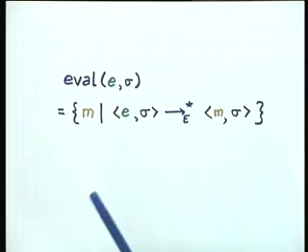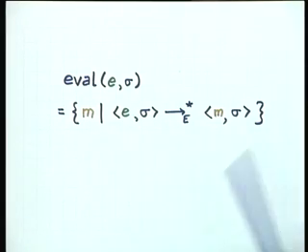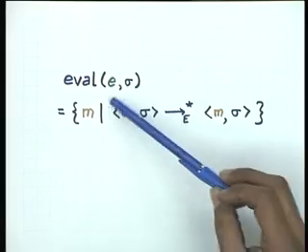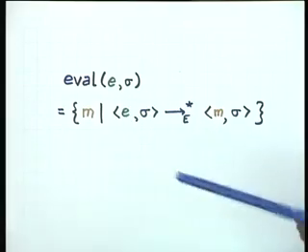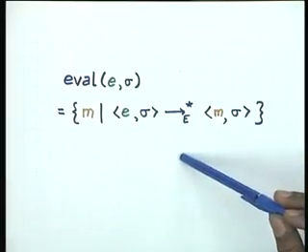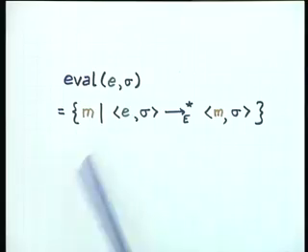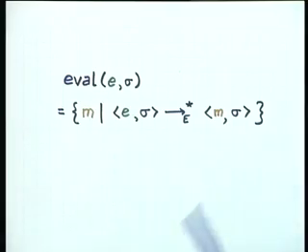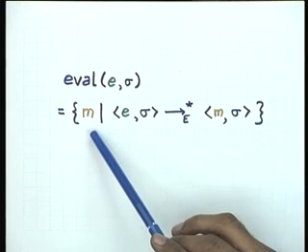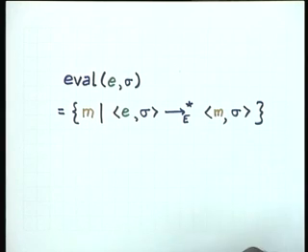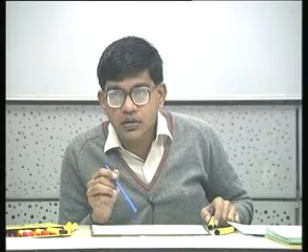Or there might be some evaluations of this expression which terminate and some which do not, in which case, for simplicity, let's assume that the evaluation consists of just the set of values which are reached on termination, which is not quite correct. But for the present, let's live with that.